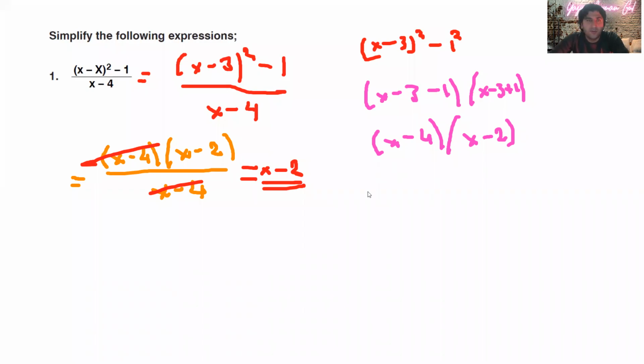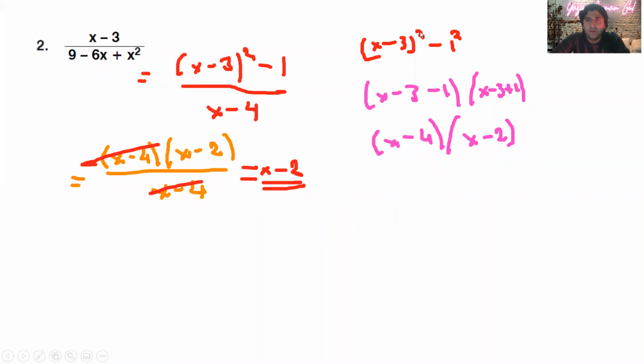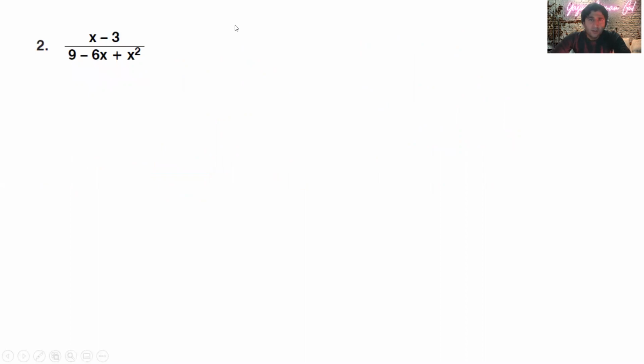Okay, let's look at question 2. Question 2 says x minus 3 over... First, you need to organize this. See, it's a trinomial.